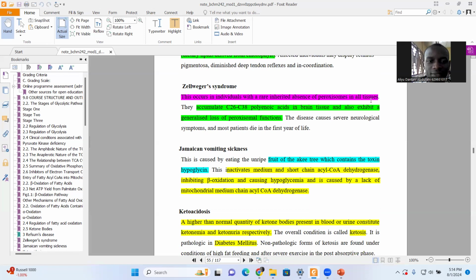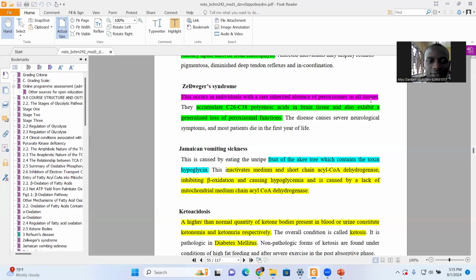That means you have problems, right? And that's the site for which oxidation? You should tell me. It accumulates C26 to C38 polyenoic acids in brain tissue. Wow, that's a very long chain fatty acid. And patients also exhibit a generalized loss of peroxisomal functions. This causes severe neurological symptoms, and most patients die in the first year of life.